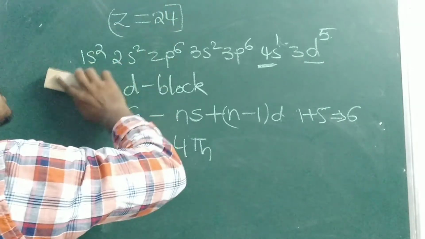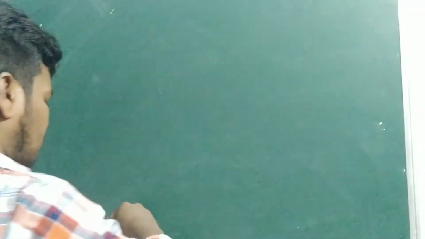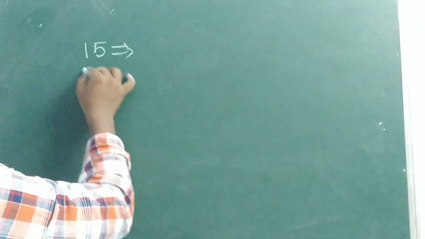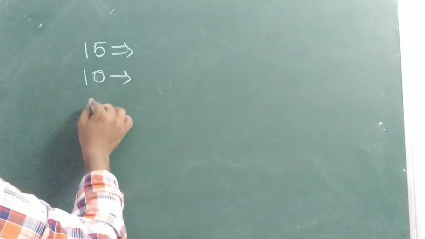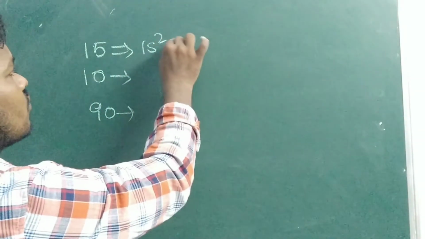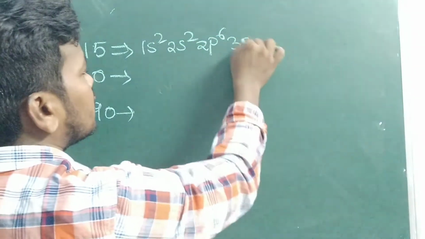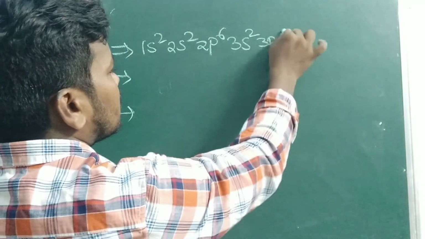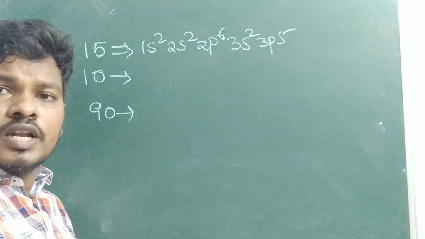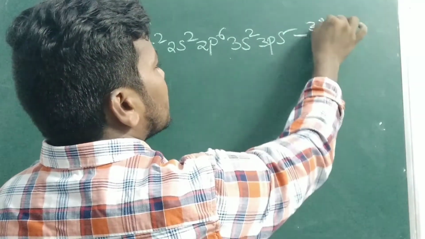Next question: find out the group and period number for the following atomic numbers: atomic number 15, atomic number 10, atomic number 90. For 17, the electronic configuration is 1s2, 2s2, 2p6, 3s2, 3p5. The highest shell number is the third, so it belongs to the third period.